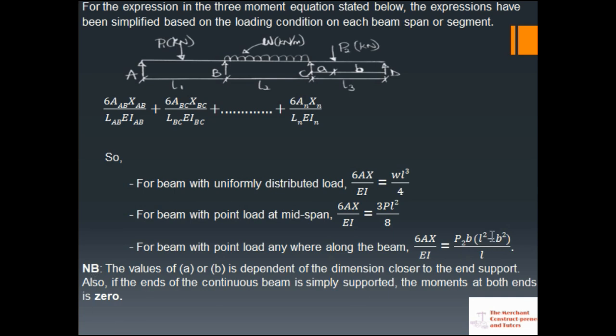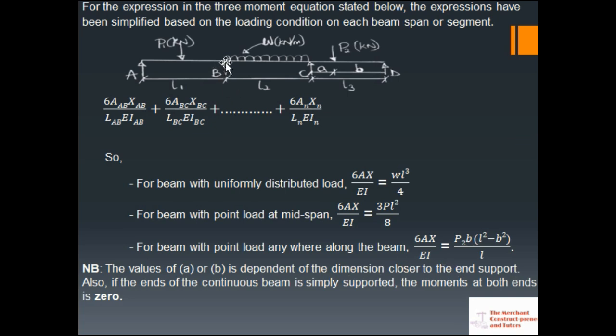Now we should note, for anywhere along the beam, if we are considering span BCD, the dimension closer to the external support is what we are going to input here. Understand this: the values of A or B depend on the dimension closer to the end support.